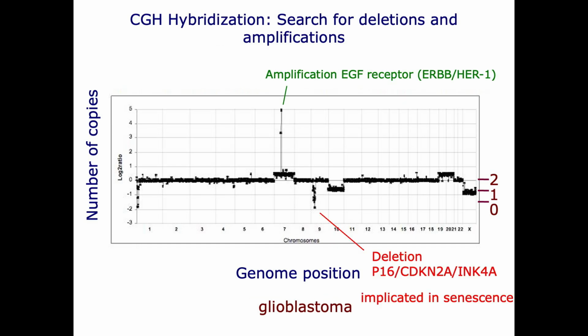You will also notice there's this small region of chromosome 9 where there are no copies of a short section of DNA, and this is where the gene variously called P16, CDKN2A or INK4A is. This is a cell cycle regulating protein, and deletion of this gene allows cells to pass through certain cell cycle blocks. So this is a good example of how you use counting the numbers of copies of different parts of the genome to find deletions and amplifications.